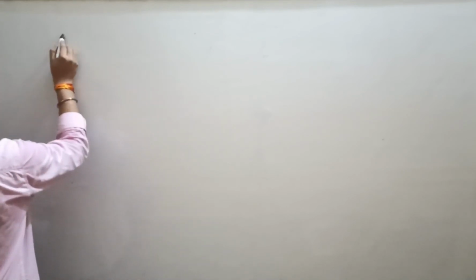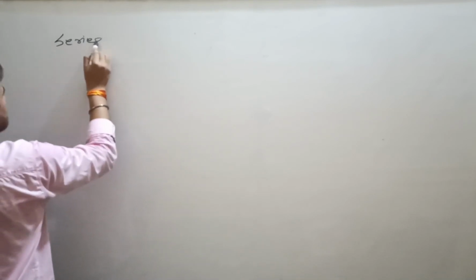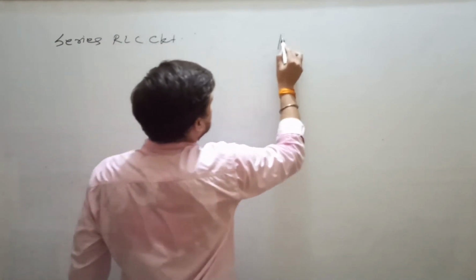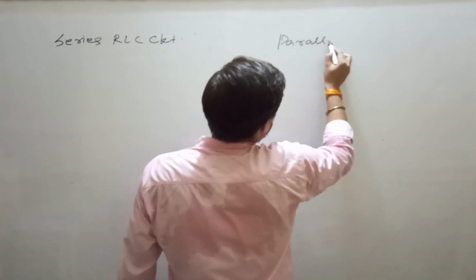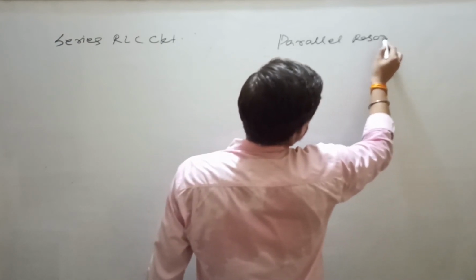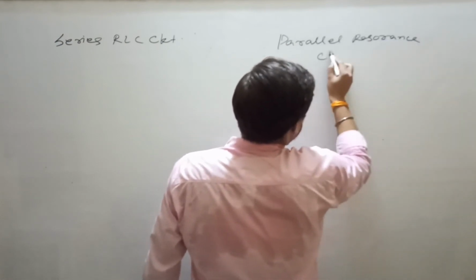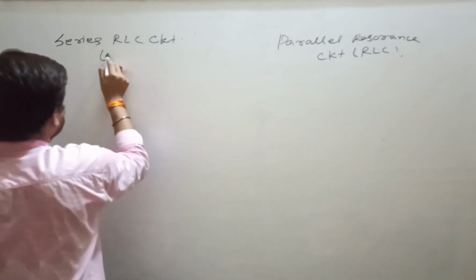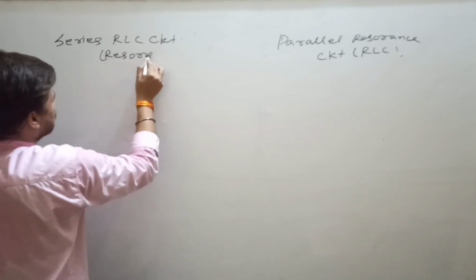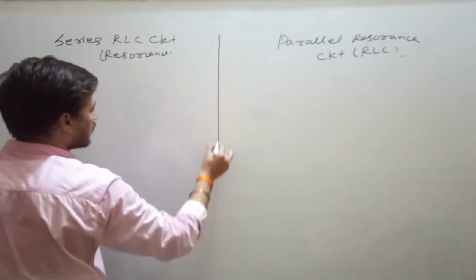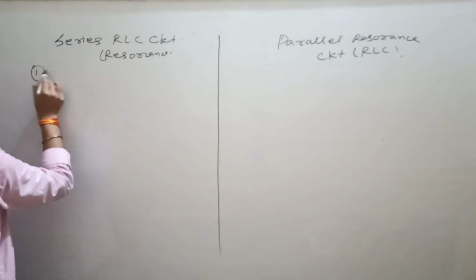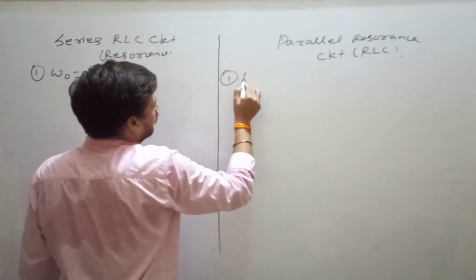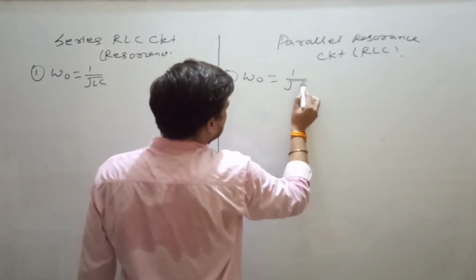So let us do the comparison. Series RLC circuit and parallel resonance circuit, RLC. Series RLC circuit is also a resonance circuit. So the first thing you see, omega naught equal to 1 upon under root LC. Here also omega naught equal to 1 upon under root LC.